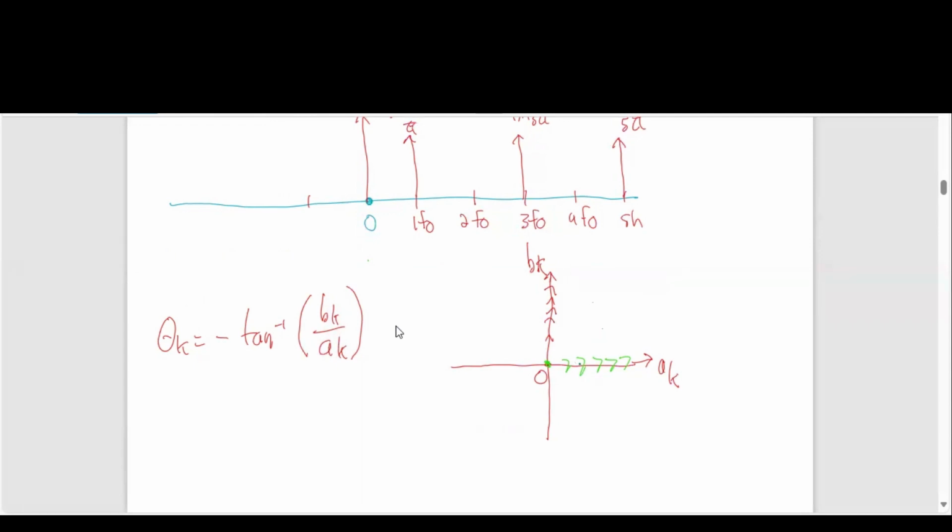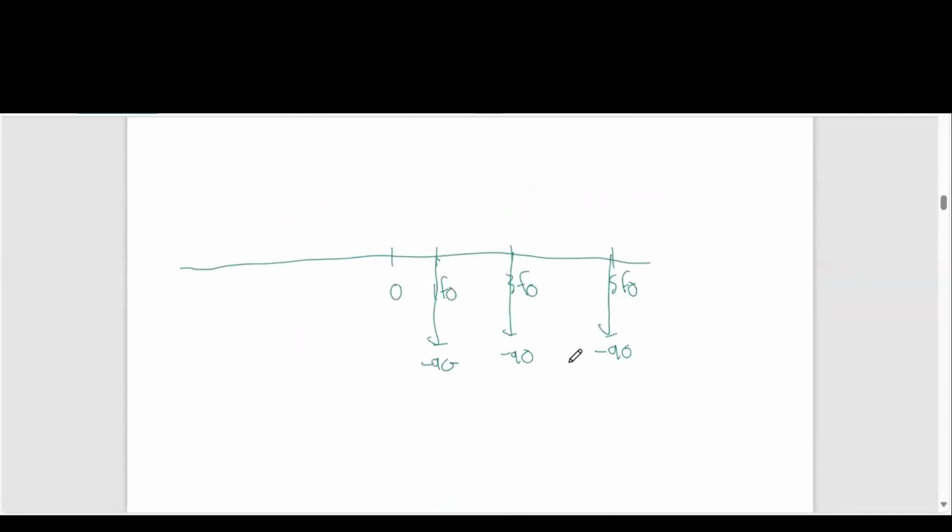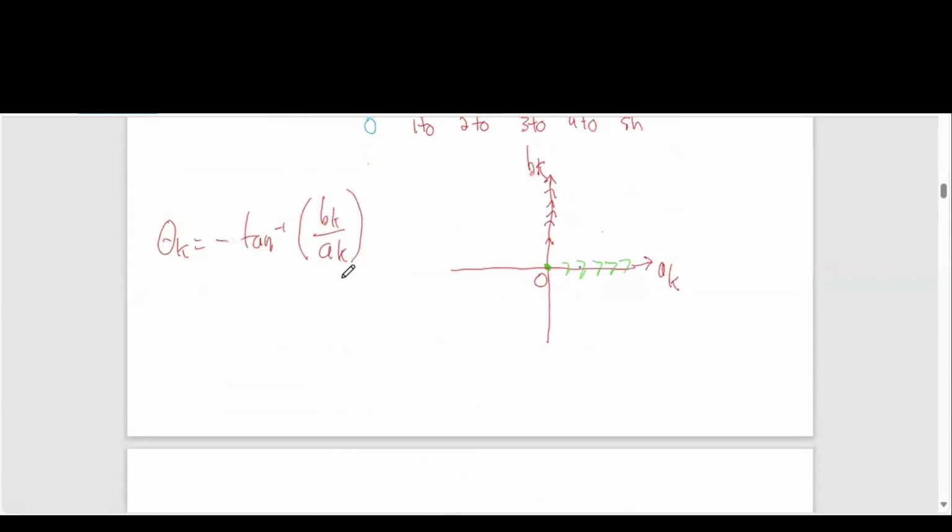And for our odd function, all the phases are minus 90, because in this case ak was 0 and bk was a value. Obviously, I can't plug infinity in my calculator, so I go on the Cartesian plane, and since bk is there and ak is not, all the angles will be 90. So again, that gives your minus 90.